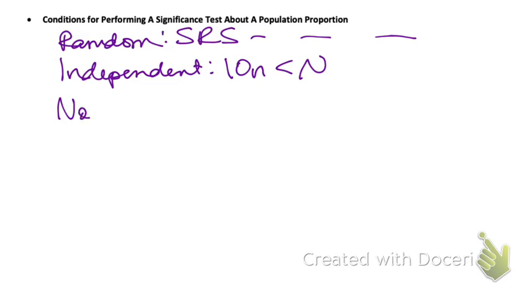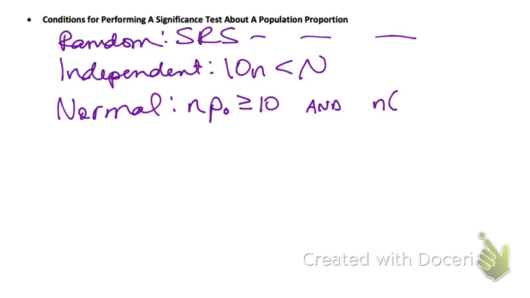Normal has a teeny tiny tweak. Instead of checking n times p hat, the sample proportion, we're going to check n times p naught. That has to be greater than or equal to 10, and n times 1 minus p naught has to be greater than or equal to 10.